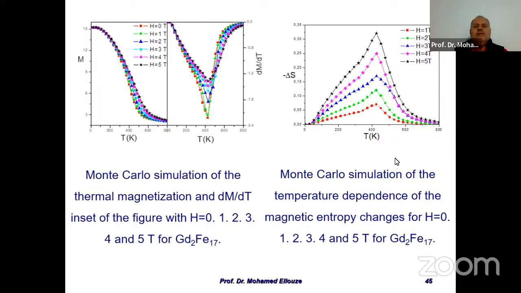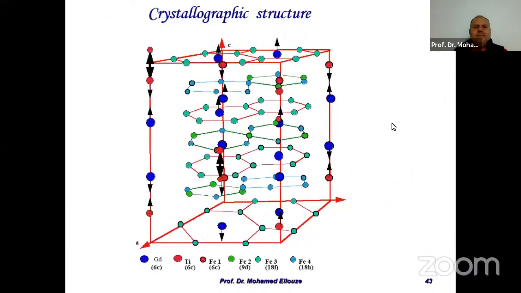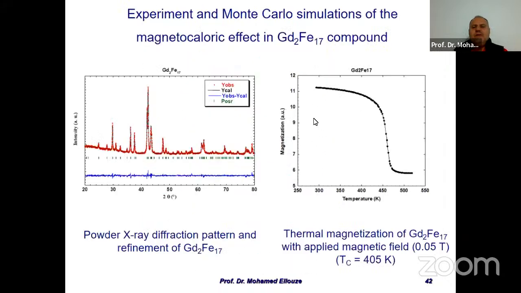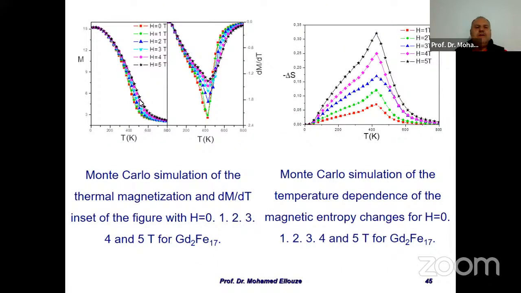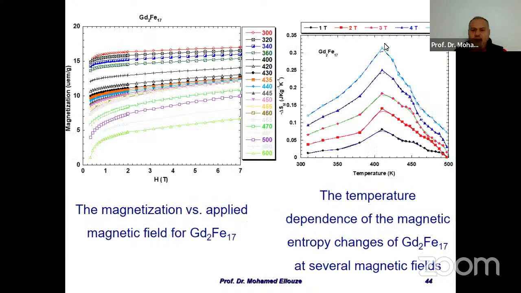Using the Monte Carlo simulation, we can also calculate the variation of entropy of our sample, and we can see that we have the same variation of magnetization with applied magnetic field for this kind of sample, as well as the magnetic entropy.